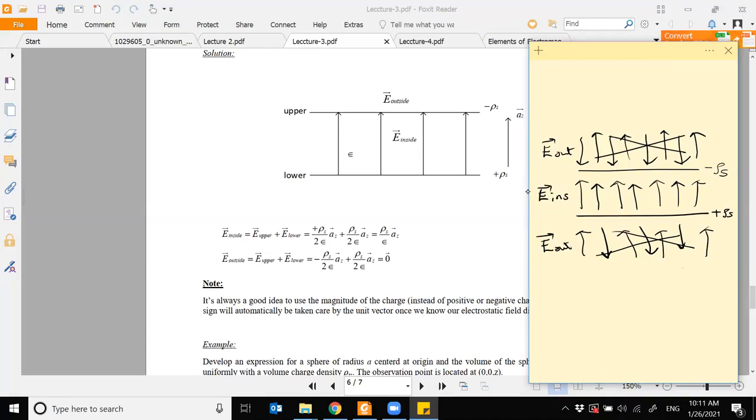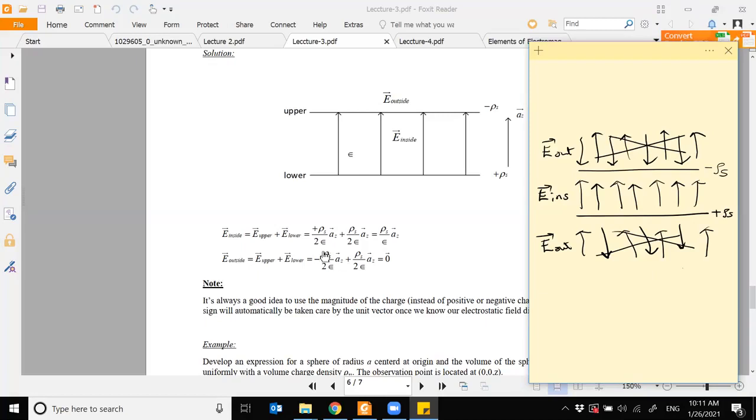This is our electric field, which is nothing but the addition of the electric field generated by the upper sheet and the lower sheet. So E inside is E upper plus E lower, which is rho s over 2 epsilon az plus rho s over 2 epsilon az, equal to rho s over epsilon az.